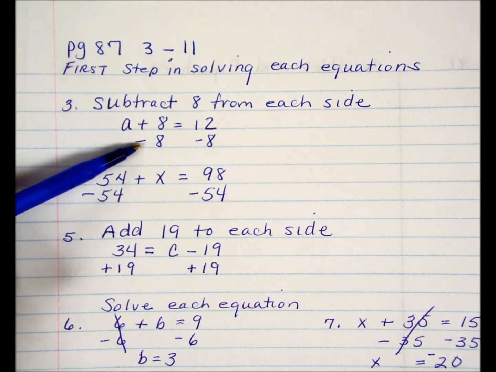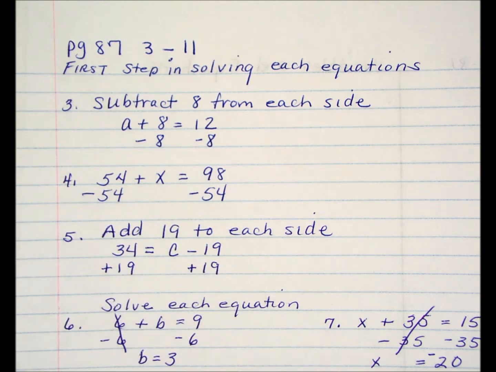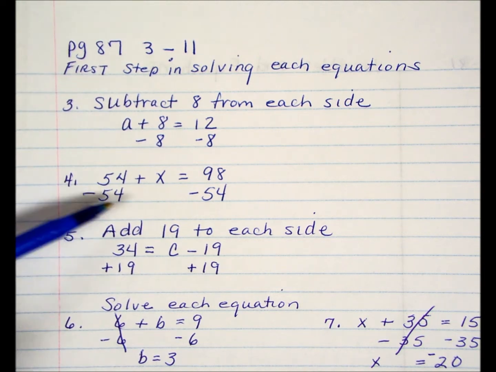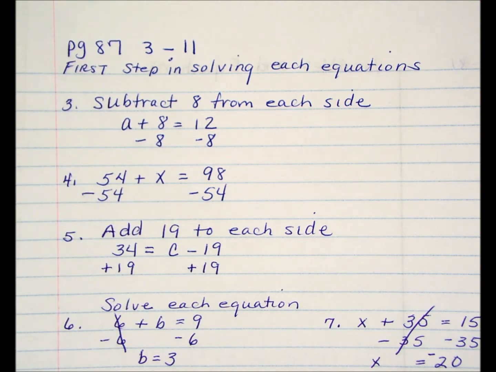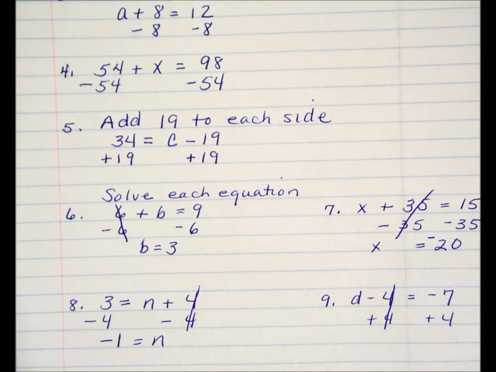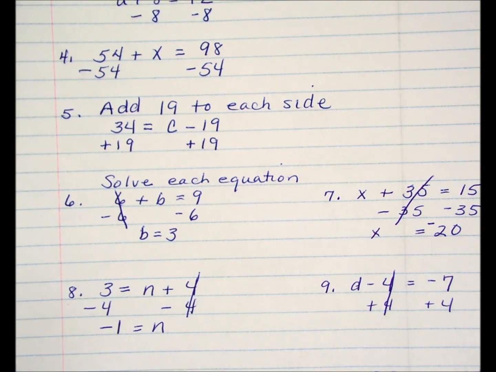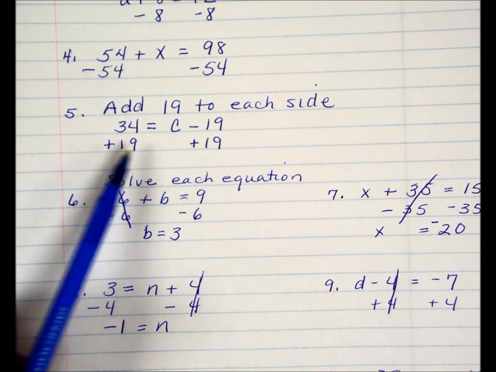And remember, we have to do what we do to one side, we do to the other. So we're going to have to subtract it from both sides. In number 4, 54 is with x, so we're going to have to subtract 54 from both sides. And in number 5, 19 is with c, so we're going to have to add 19 to both sides.